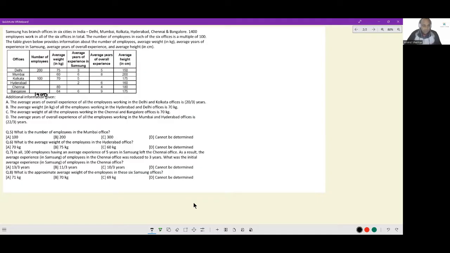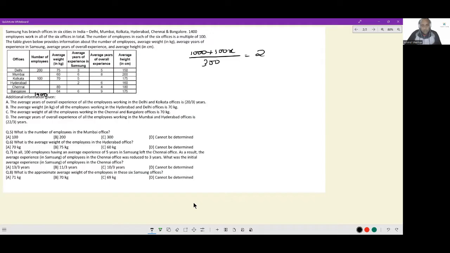First question. Additional information given. The average years of overall experience of all the employees working in Delhi and Kolkata offices is 20/3 years. For Delhi and Kolkata, we have 5 into 200, so 1000, plus x into 100, so 100x, whole thing divided by 300.